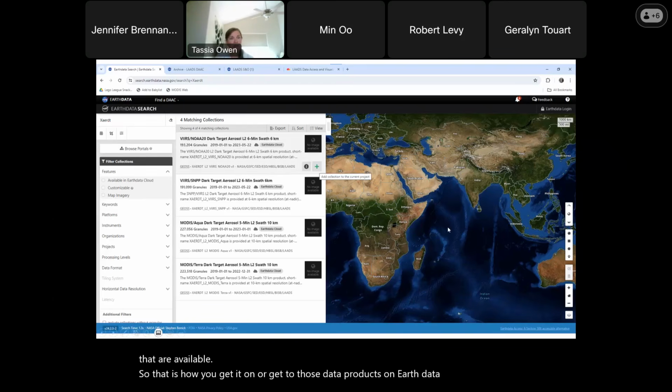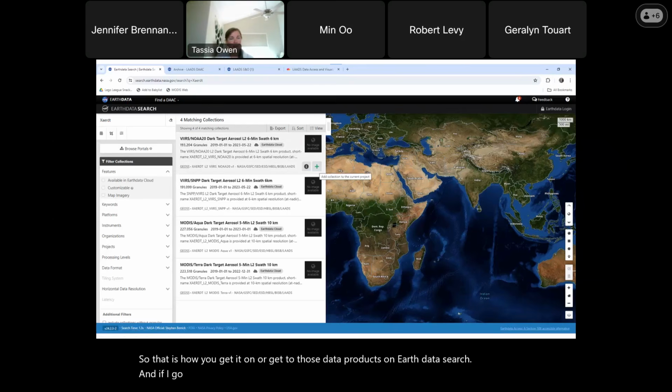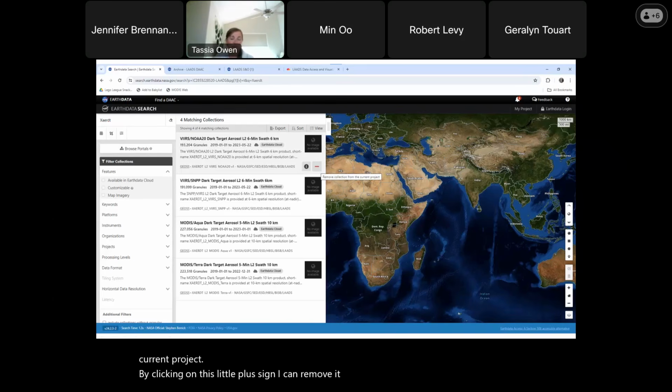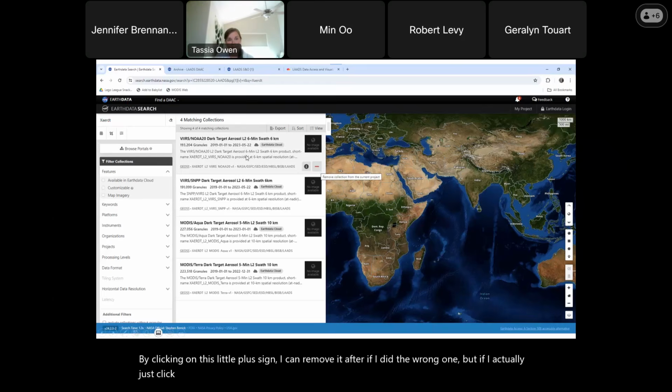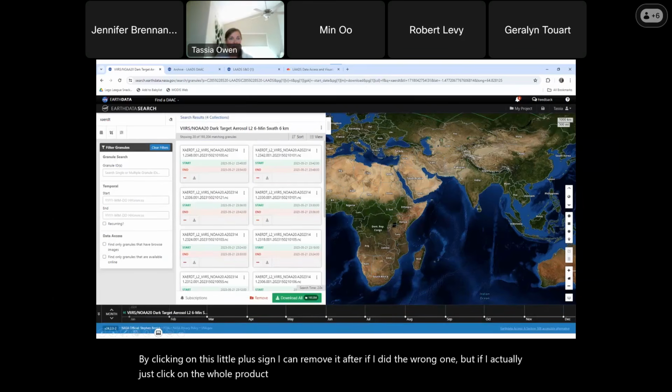And if I go in, I can go to the different data product, and I can either add the collection to the current project by clicking on this little plus sign. I can remove it after if I did the wrong one. But if I actually just click on the whole product there, it'll take me to that particular product page where I can put in different search parameters, such as the different time periods that I would be looking for.